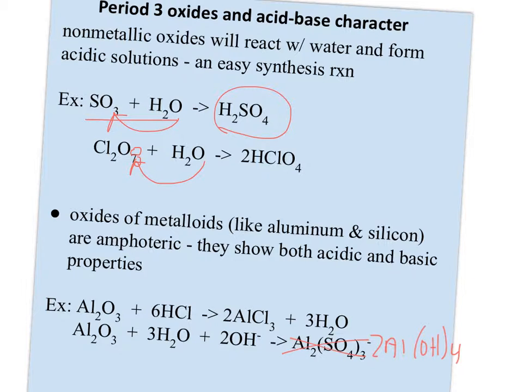The amphoteric ones are a little odder. Your book talks about aluminum. The idea of aluminum oxide is that when you put it in water, it doesn't really do anything because it doesn't dissolve in water. So instead, you can add it to an acid or base. When you add it to an acid, it forms AlCl3 plus 3H2O, showing that it's able to react with acids.